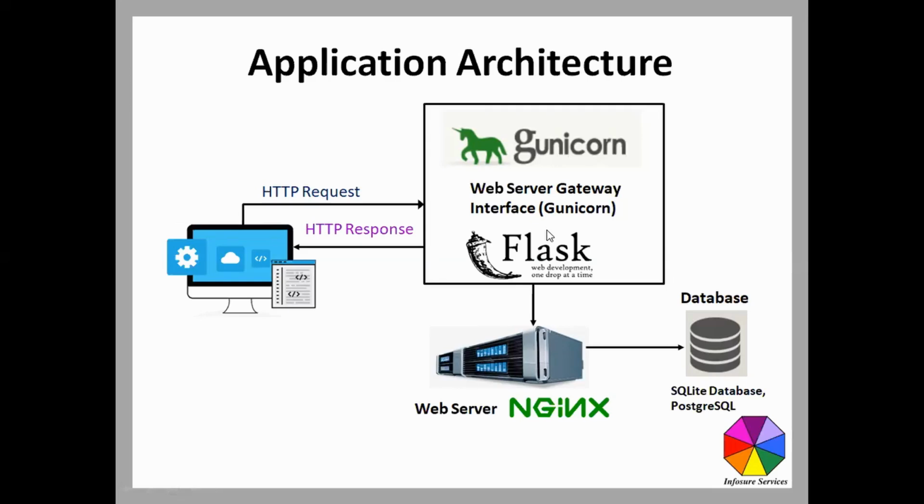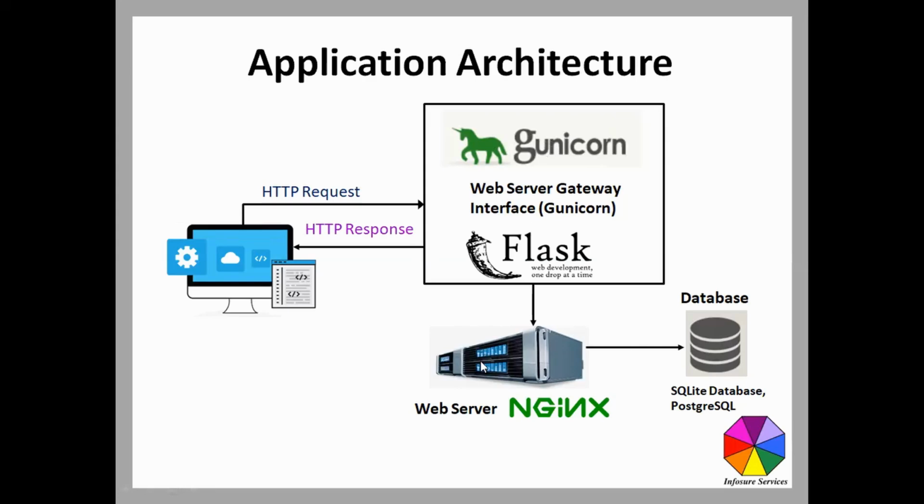But however, that's not fit for production use. Things like scaling the number of users, number of workers and requests. They have a more robust Green Unicorn or Gunicorn server.